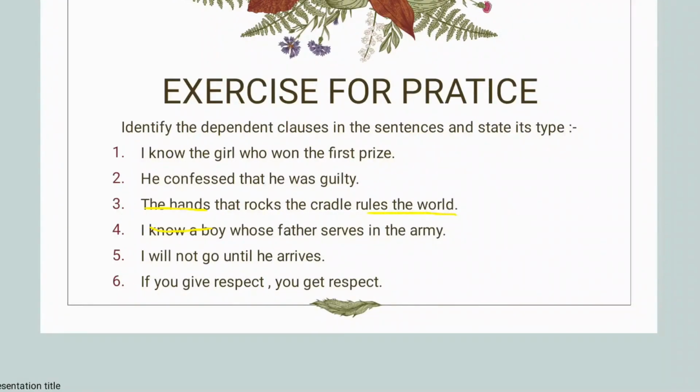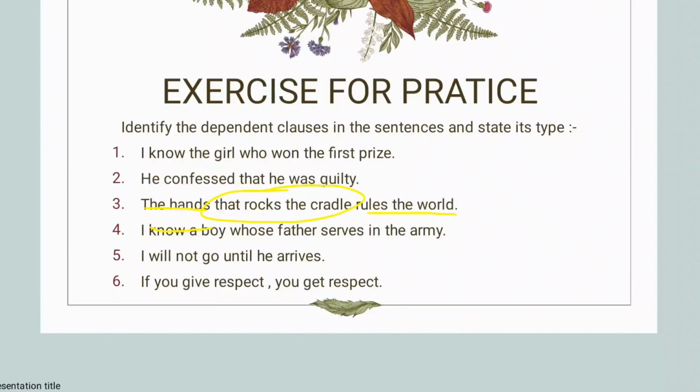Now here we can ask the question, which hands? Which hands? That rock the cradle, isn't it? So here hands are described. Hand is a noun, so it's an adjective clause. That rock the cradle is adjective clause. The hands rule the world is the main clause.